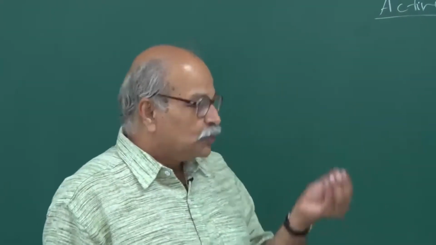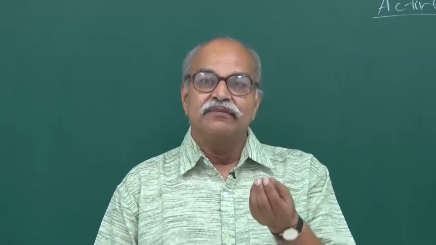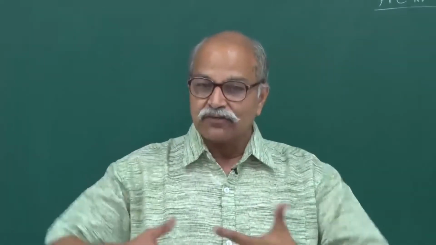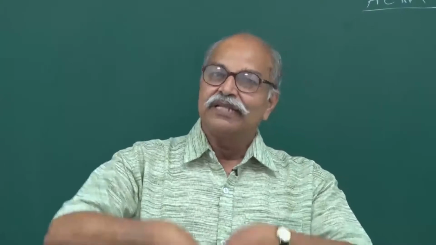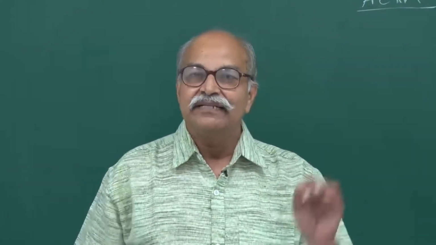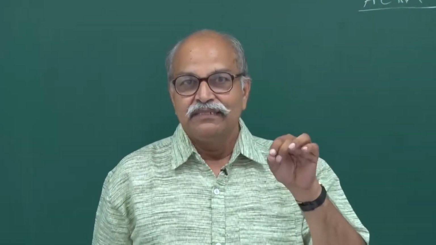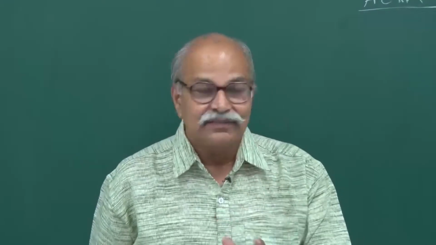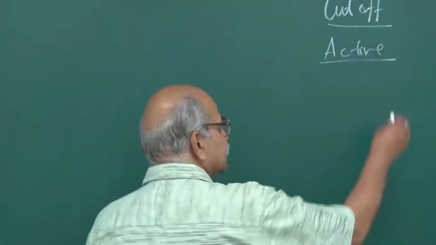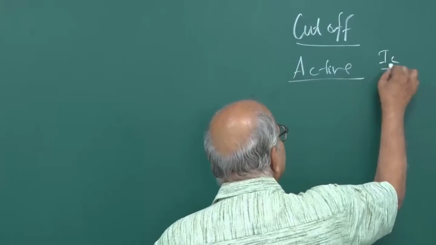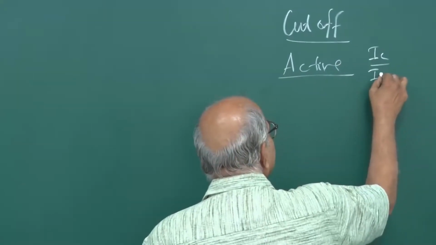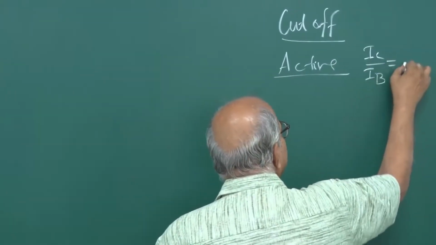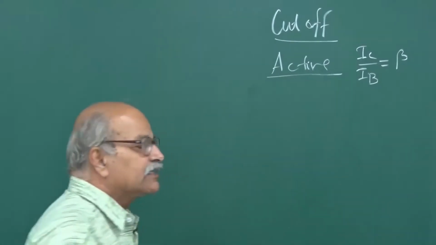So, if you increase this IB a little bit and more electrons are there in the base, the collector is ready to take them also, and hence that ratio IC by IB equal to beta is maintained. That is the active region, in which IC over IB is beta and it is maintained.